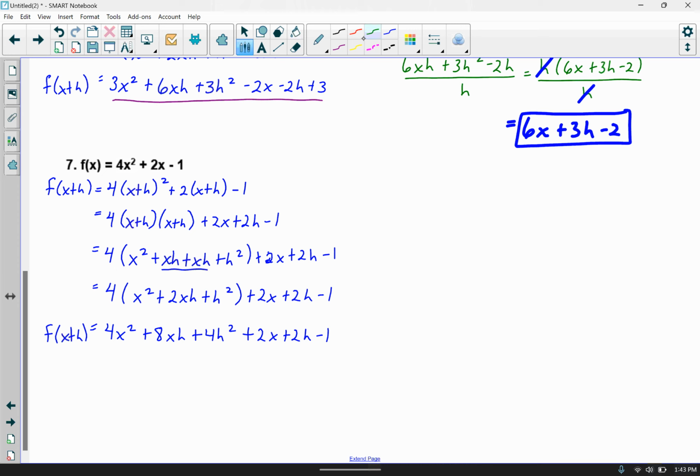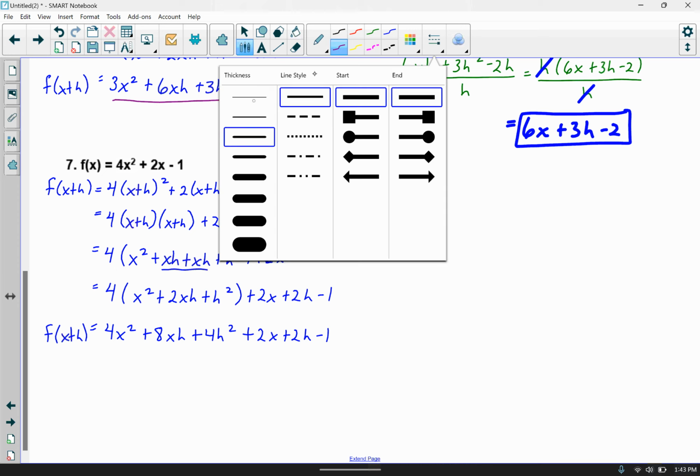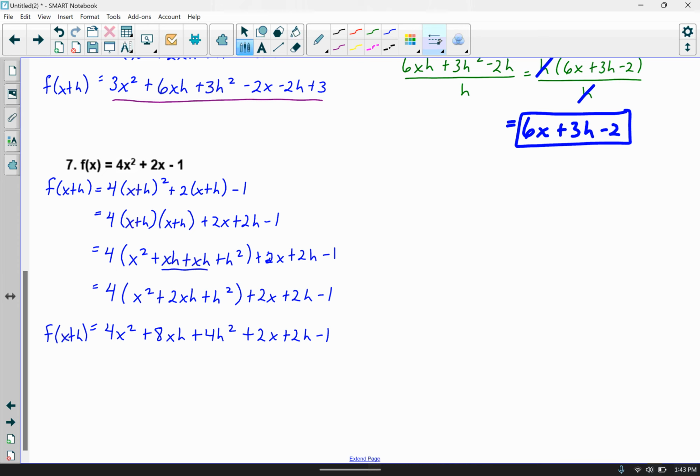Now I am ready for plugging into my difference quotient formula. The formula says f of x plus h, so why don't I just go ahead and do that? Here's my f of x plus h. Subtract f of x. Here's f of x: 4x squared plus 2x minus 1, in parentheses, and then all of that's divided by h. That way I saved myself a little bit of writing.